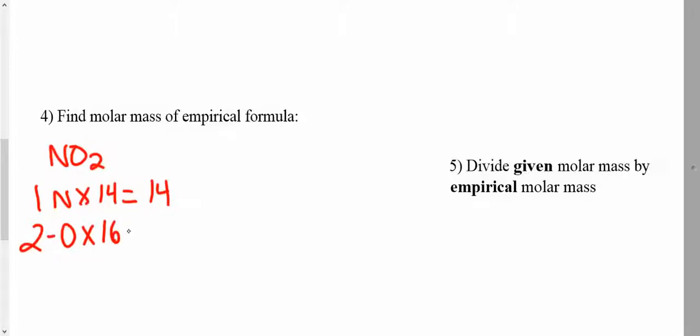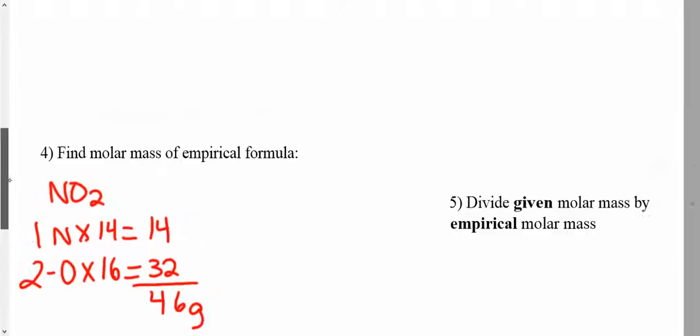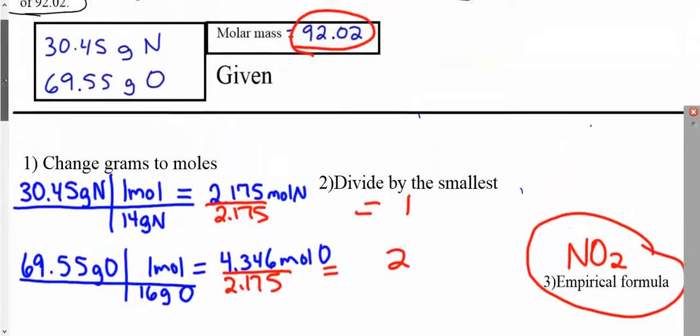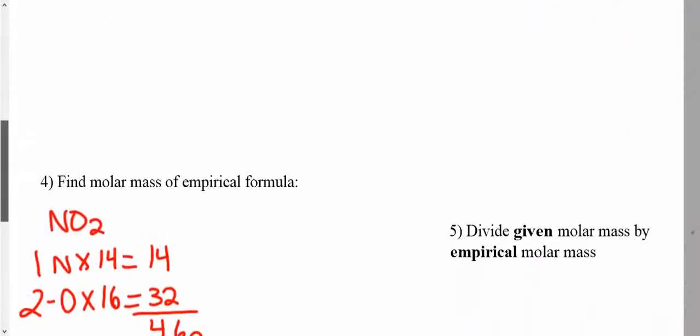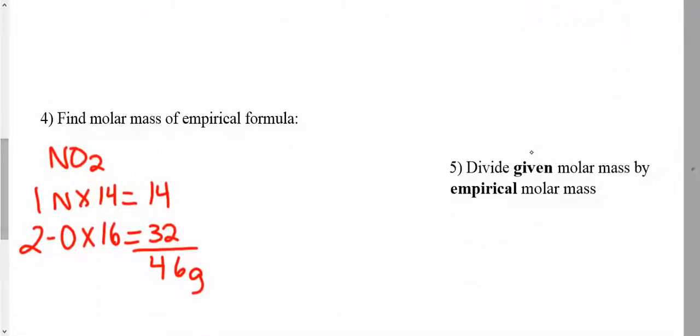So that's 32. 46 grams per mole of NO2. That is not the same as 92.02 given in the problem. So the given molar mass was 92.02 and my empirical molar mass was 46.